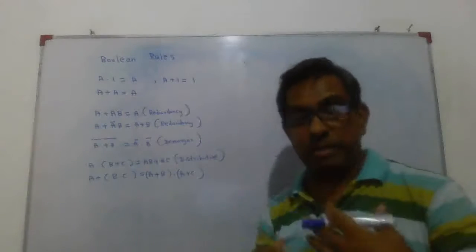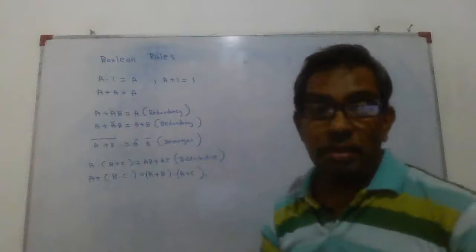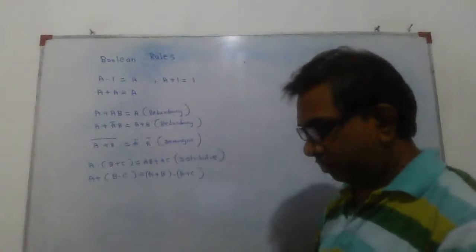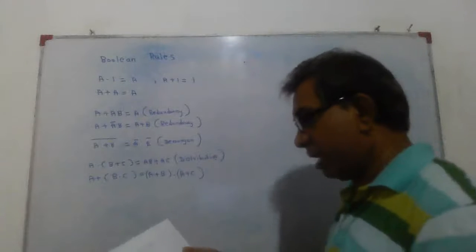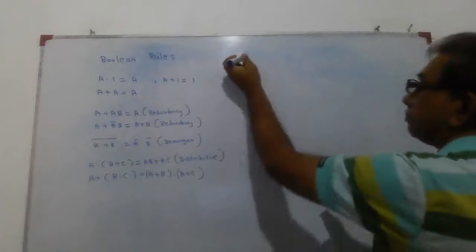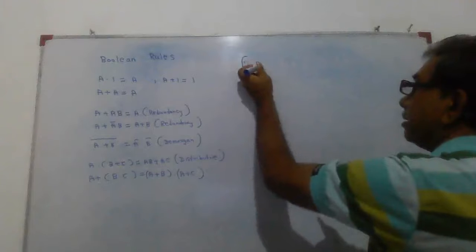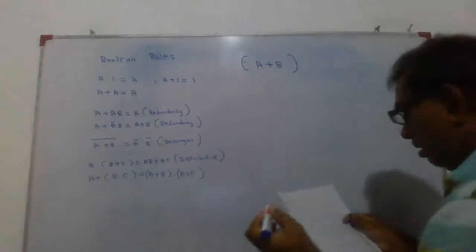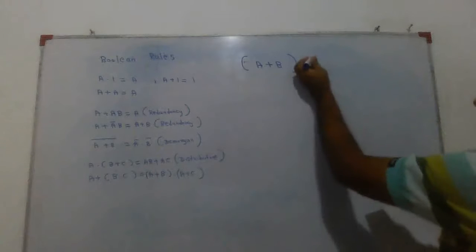Now, you should practice this and then remember the rules. This is the second one, it should be something like this: A or B, in bracket, A or B, and A or C.